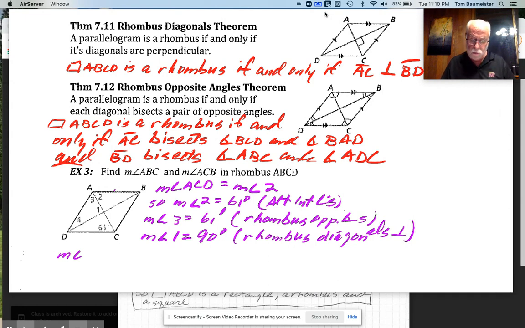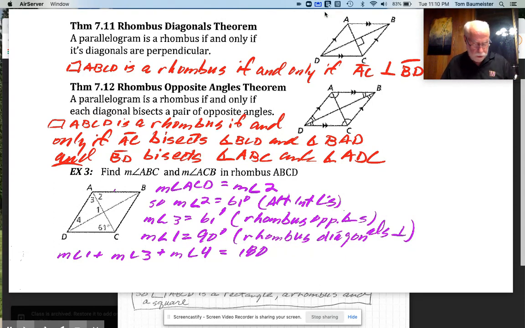So we can say that the measure of angle 1 plus the measure of angle 3 plus the measure of angle 4, because it's a little triangle there, we know that they equal 180 degrees.